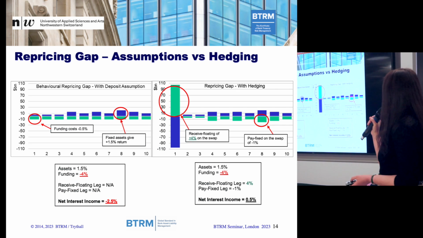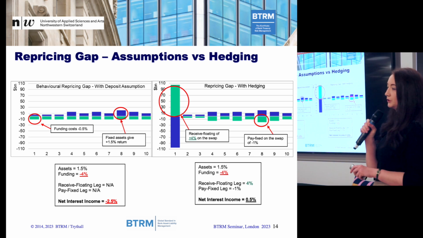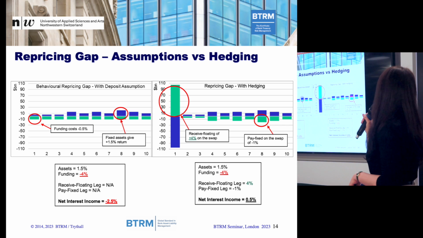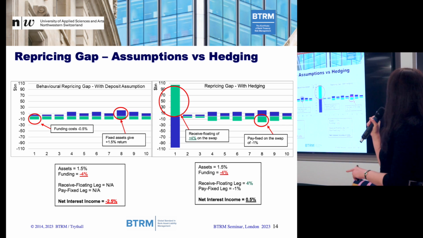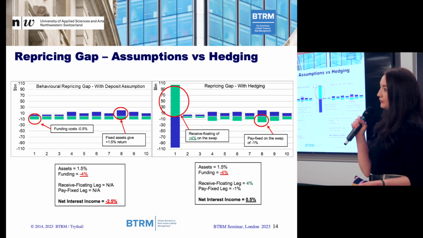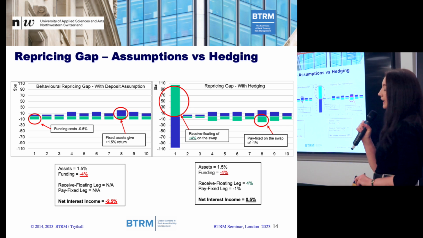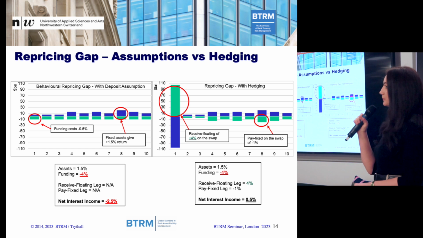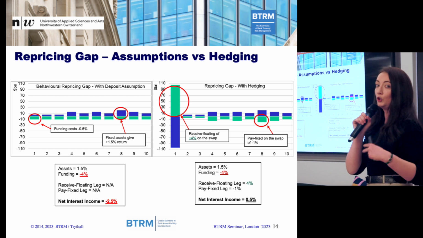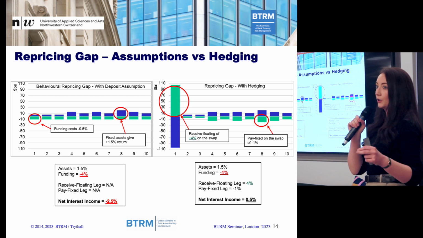So you can see in this scenario, the current account assumptions prove not to be true. On the left, their current accounts have left. Because they didn't pass on the rate increase to their current accounts, they've left, which has meant that the bank has had to get in new funding at the current higher market rate.